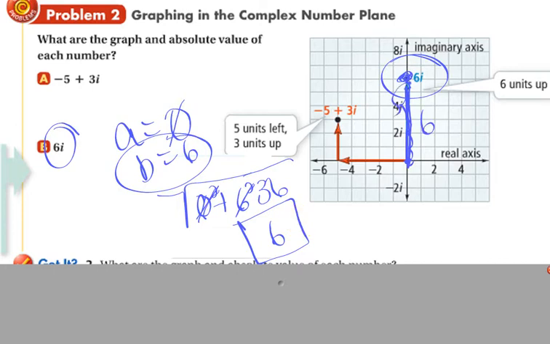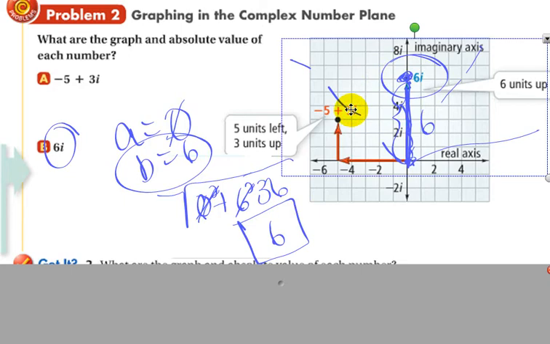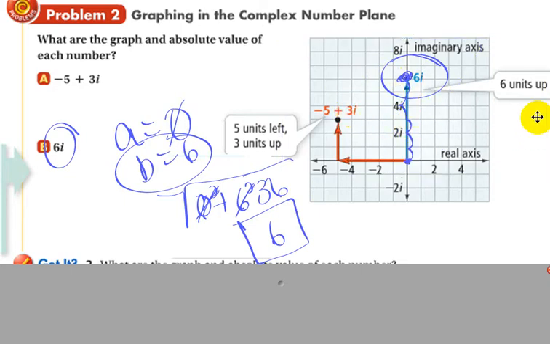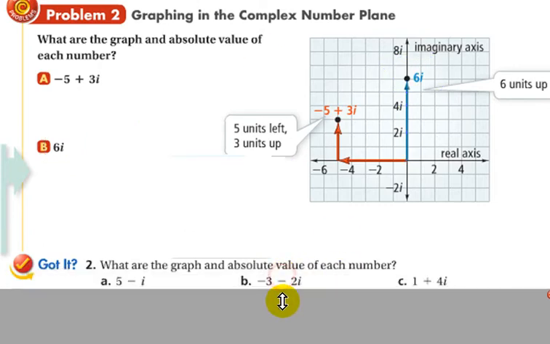And it makes sense, right? You could have just counted that out because it didn't tilt. We really didn't need the Pythagorean theorem to answer that. We could just count how many units it went from the origin to the end. All right? Questions? Hopefully it's starting to be familiar now.